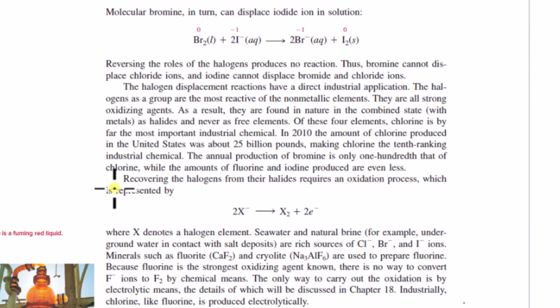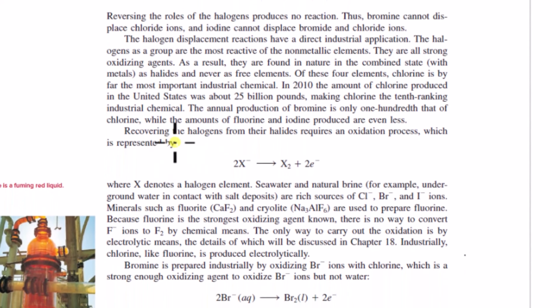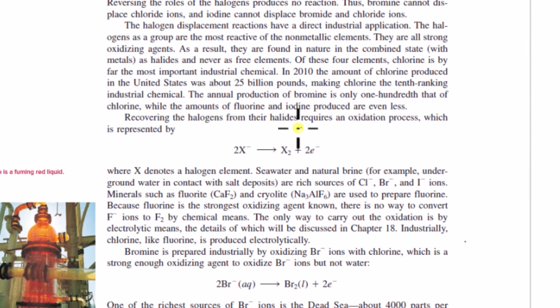But in nature, you've got halogens in the halide form. And so recovering the halogens from their halides requires an oxidation process, which is represented by this. This is the corresponding oxidation half reaction for when a halide is converted to its normal halogen form.